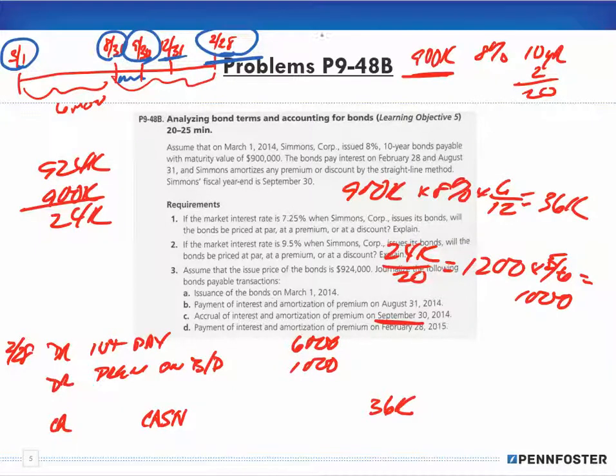If you'll recall, when we made the entry for the first 6 months, the amortization of the premium was $1,200. But when we did the accrual, we had 200, and now we have an additional 1,000.